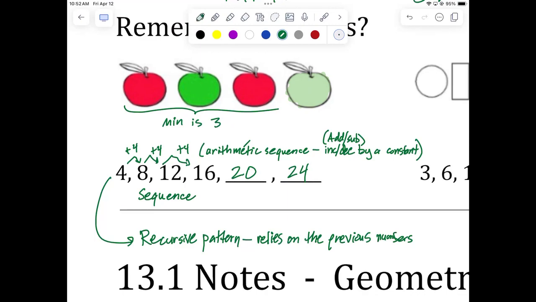Because to get to the 24, you had to add 4, and then add 4, and then add 4, and add 4. It's called recursive. Recursive means it relies on the previous numbers. How do you get the next number in this case? I just add 4 to the previous. How do you get the number after that? You add 4 to the previous, so on and so forth. That's called a recursive pattern. So we have an arithmetic sequence. We add or subtract to get the next number. And to generate that pattern, we do it recursively, as we say.